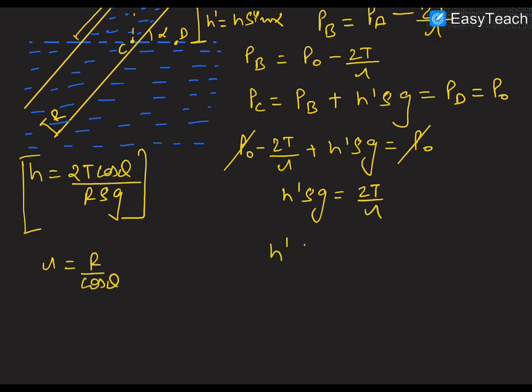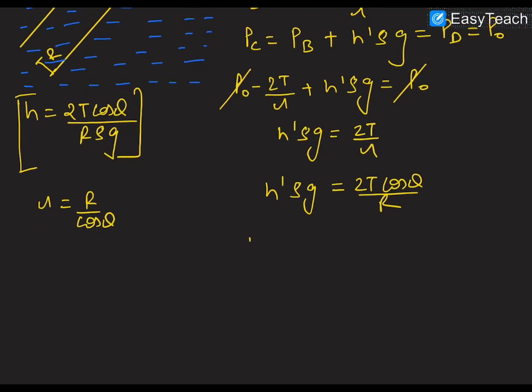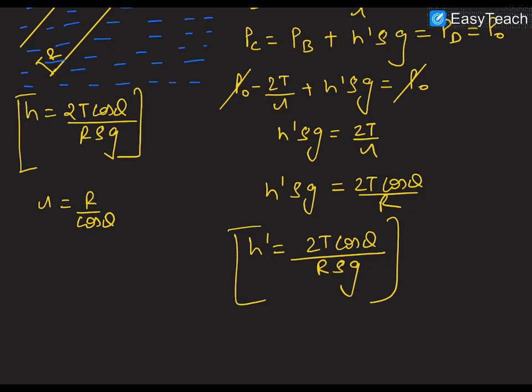So h dash rho g will be equal to 2T cos theta by R, and h dash will be equal to 2T cos theta upon R rho g. This is the formula of height.